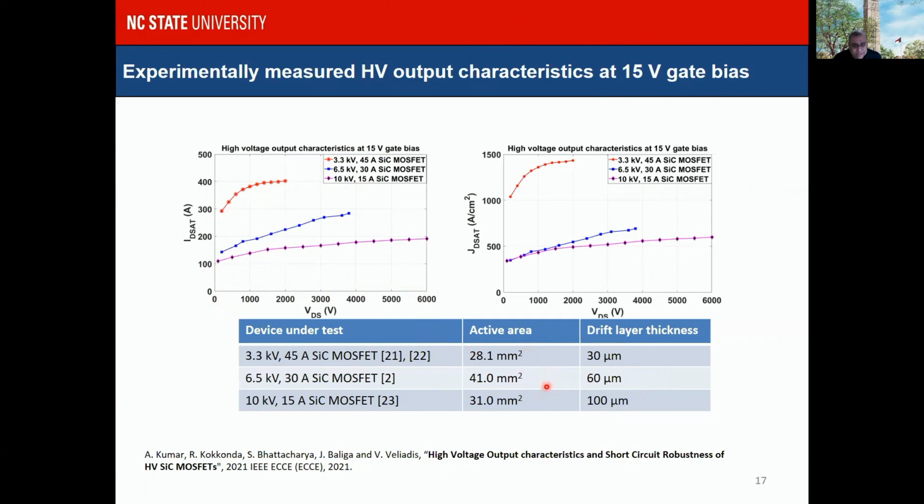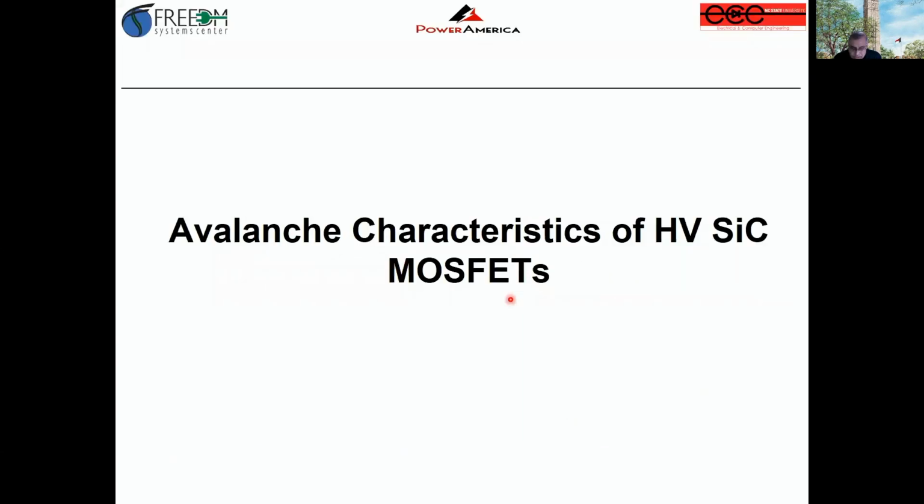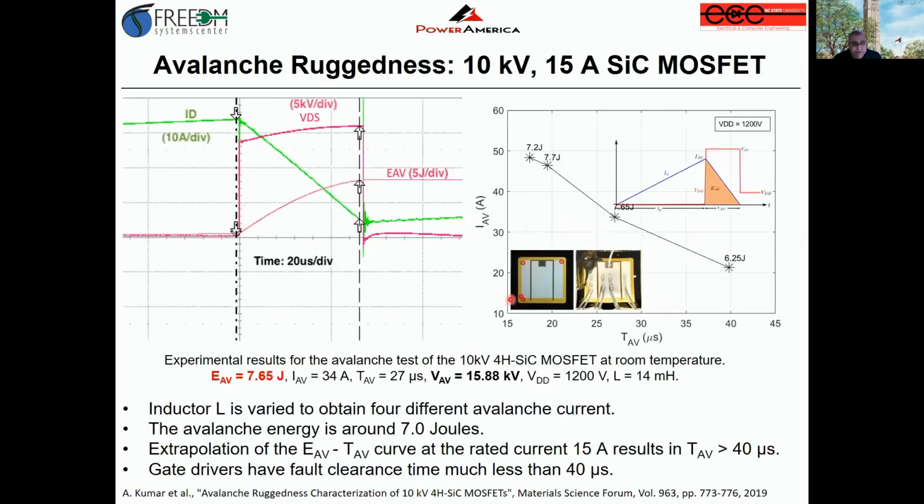These are the different devices with different active areas and drift layer thicknesses. From here, we can also calculate the amps per centimeter square, or the current density, as a function of the VDS.